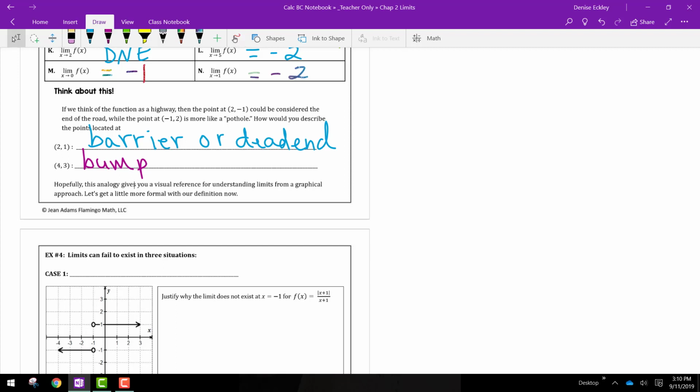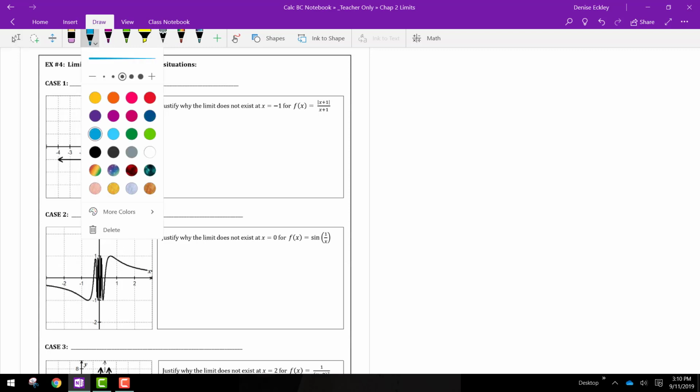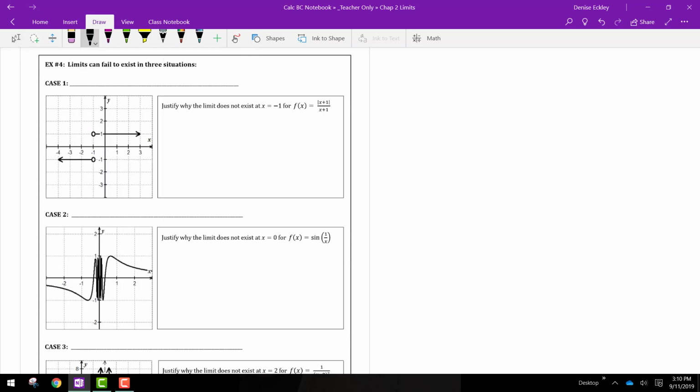So let's go on and do another example. We have 3 different cases of limits that are undefined that we look at. So for this, these are all undefined limits. I forgot that word. So the first case is we have a situation like the picture there.